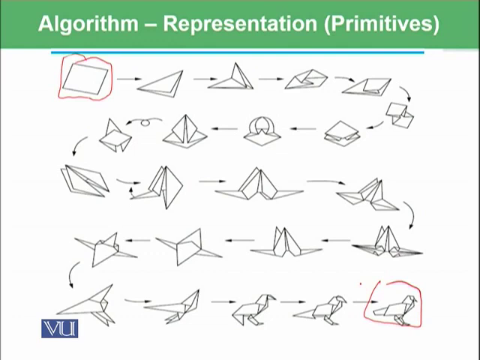So here you can see that we are using different symbols. These are called primitives. For example, this arrow sign, this sign, this is another sign, this is another sign. They all have different meanings.